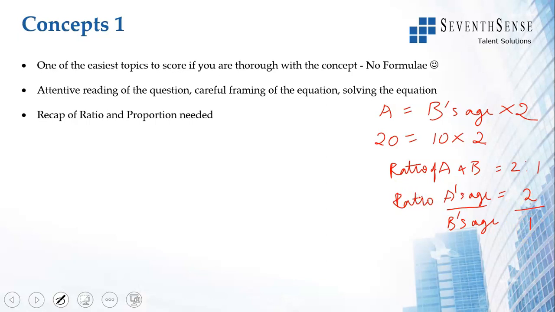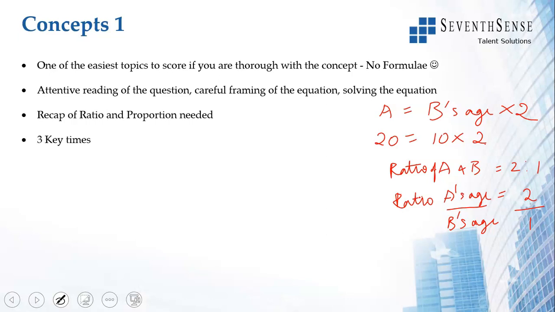That doesn't mean A's age is 2 and B's age is 1. It means when you divide A's age by B's age, the answer is 2. 20 by 10 is 2. Please do not confuse ratio and proportion with their actual ages.